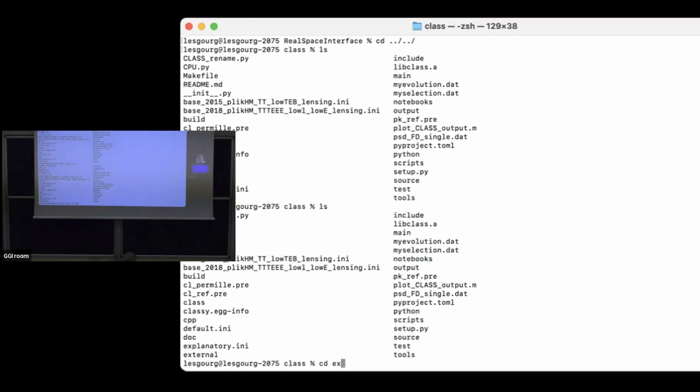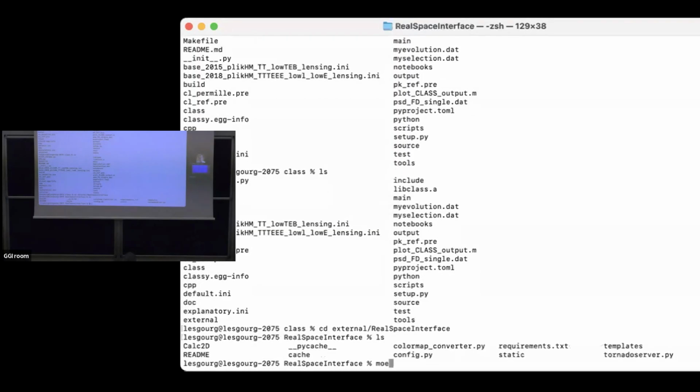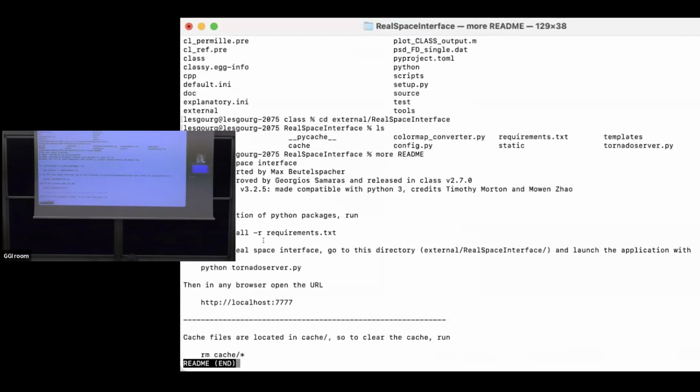But now I will go to external. Yeah, you can see, I go to external. In external, I have all these external modules that I mentioned, and I go to the real space interface. And there is a README. I always forget what needs to be done before launching this interface. So we check here that, okay, we need to install some module.